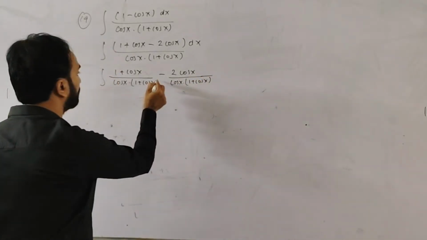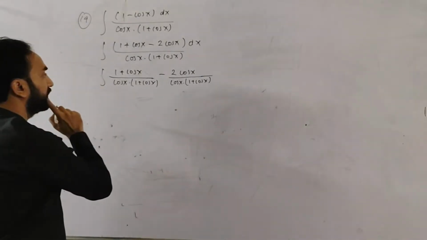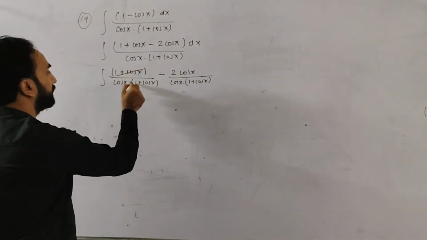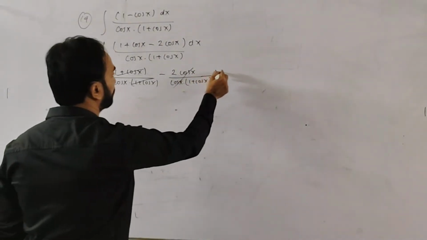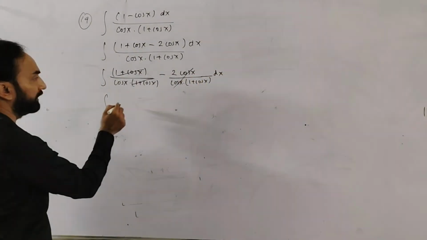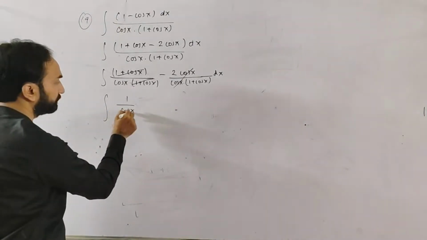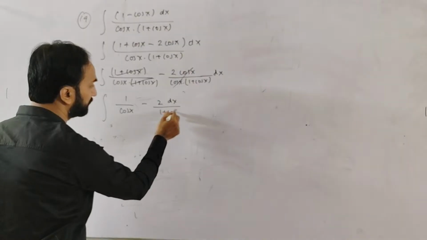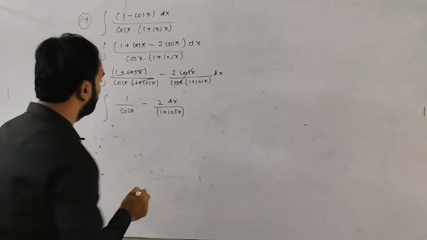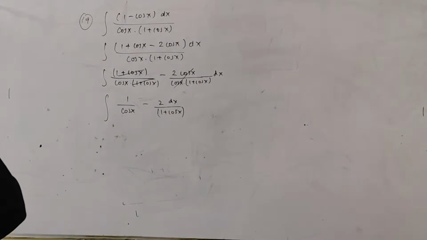Correct? So this we can do, right? 1 plus cos x cancels, cos x cancels, and dx. Now this can be written as 1 upon cos x minus 2 dx divided by 1 plus cos x.